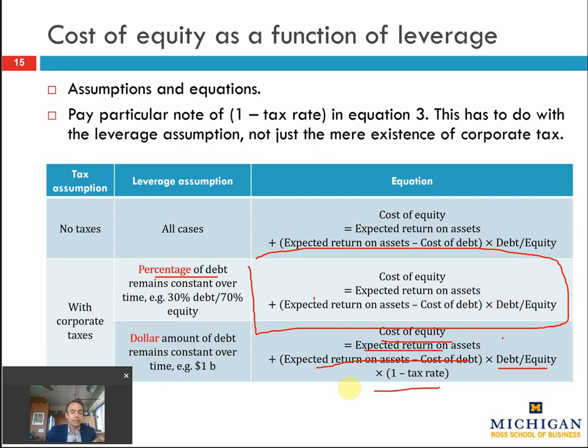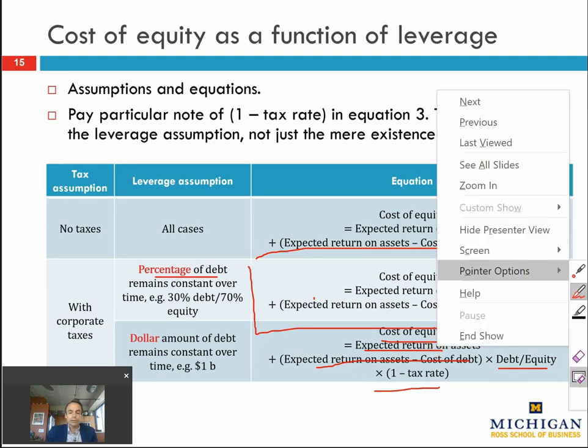But it hasn't disappeared because we're ignoring corporate taxes. It disappears because it is a mathematical result of assuming that the discount rate for the tax deduction on interest is equal to the expected return on assets itself. Once you make that assumption, you end up with the equation for the cost of equity on the right-hand side.